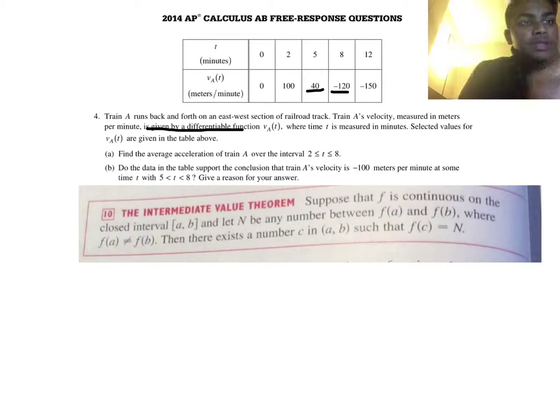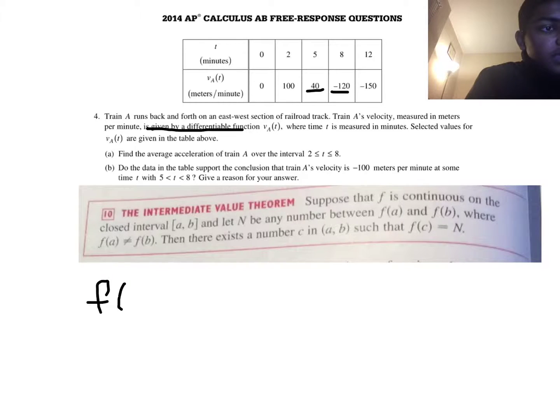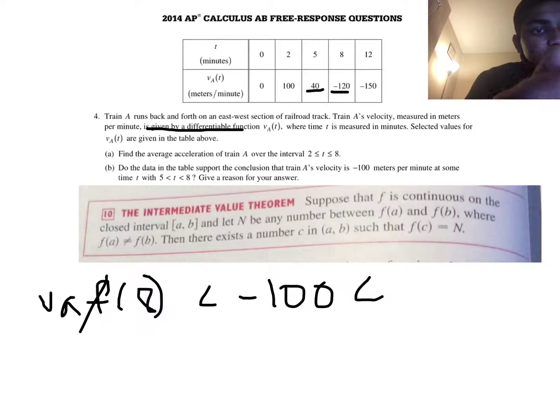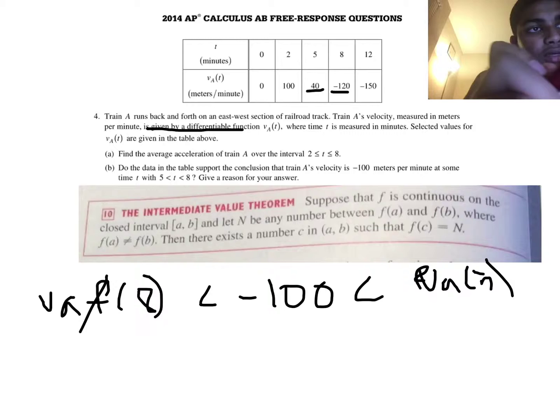All we need to do to show that the IVT applies is to show that VA of 8 is less than negative 100, which is less than VA of 5.